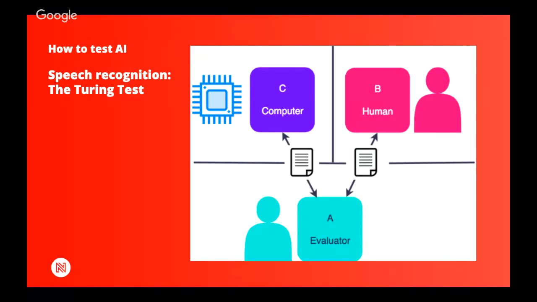The evaluator doesn't know who they're talking with, and the Turing test says that if you talk to a human and to a computer and you don't see the difference, then this computer is intelligent enough to be considered to speak like a human.